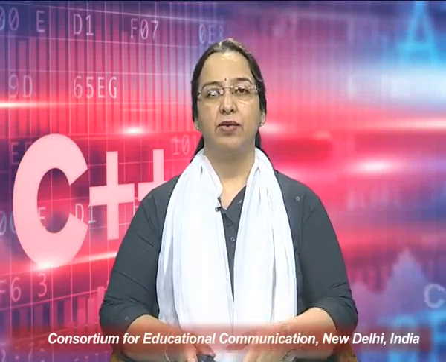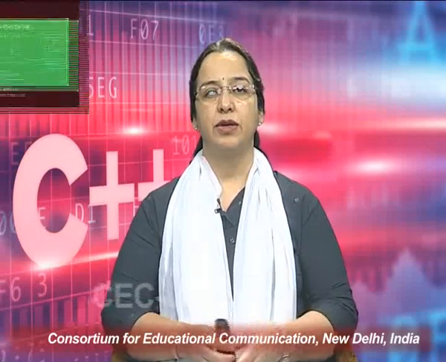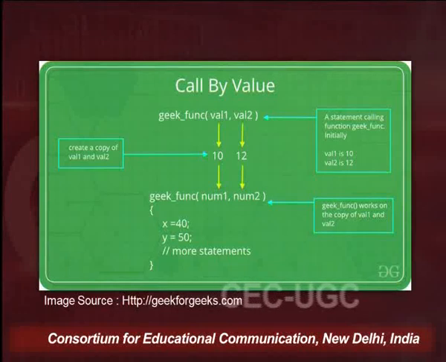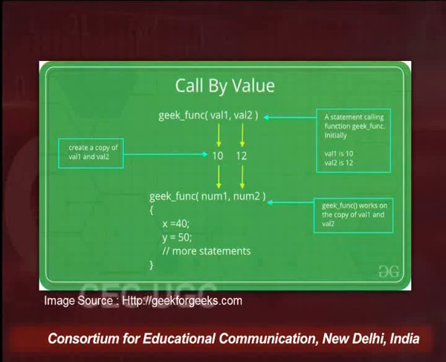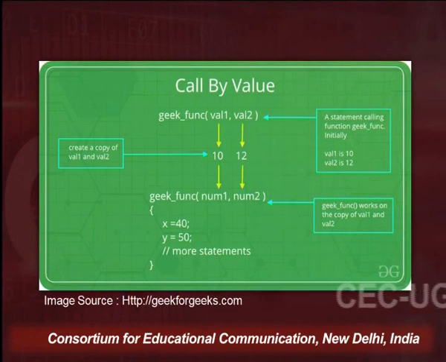Now let us try to understand how it is happening. For example, I have taken that function again with a bit of a name change. I have val1 and val2, given two values, 10 and 12 respectively, and whenever this call is executed, it transfers the control to the function definition.